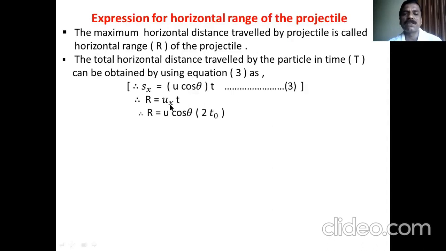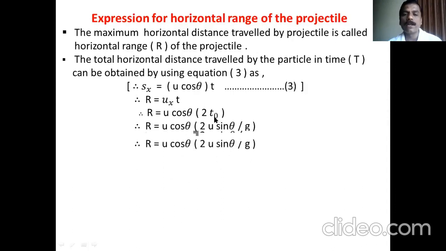Now R is equal to ux, which is u cos theta, and this small t is nothing but capital T, which is 2 times t0. Now, as we know the value of t0, the time of ascent, this equation will change.